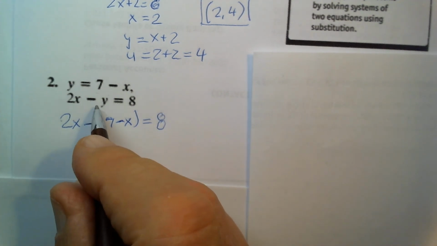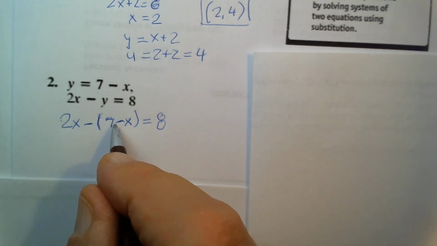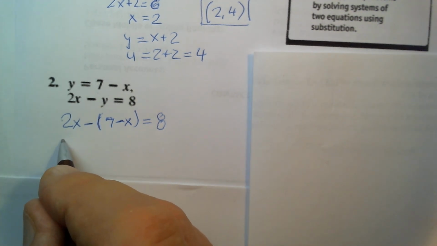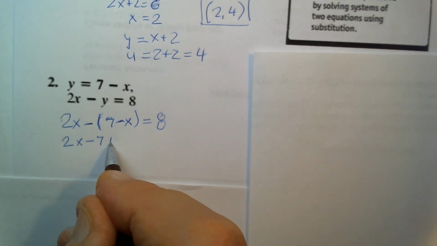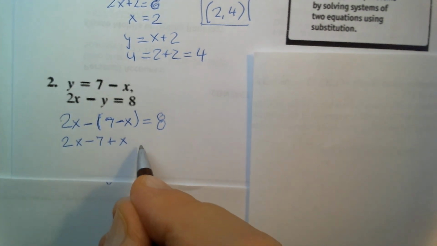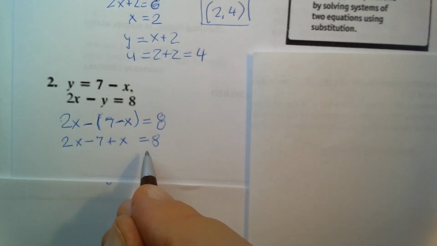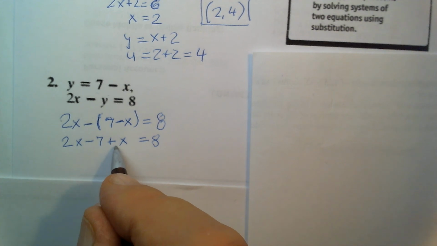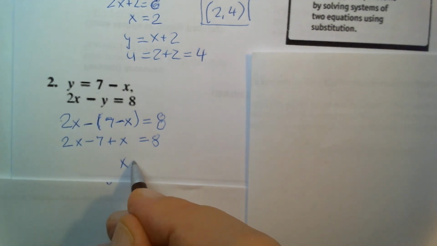So be very careful when you have minus signs. Better use parentheses. Don't write 7 minus x without them. Because this then becomes 2x minus 7 plus x when we eliminate the parentheses, equals 8. So that would be 3x equals 15, so x equals 5.